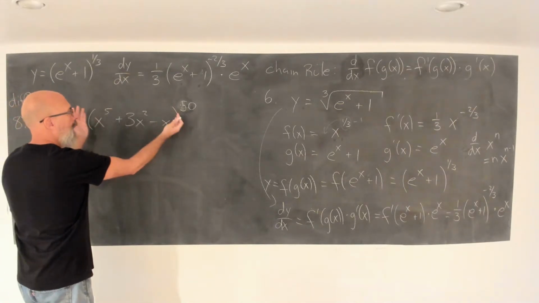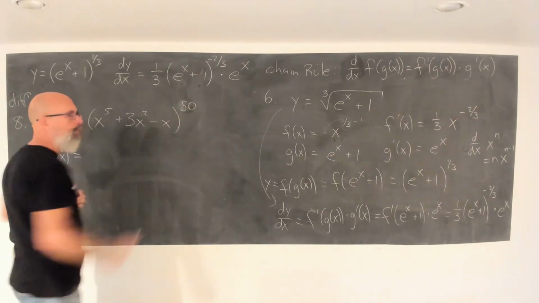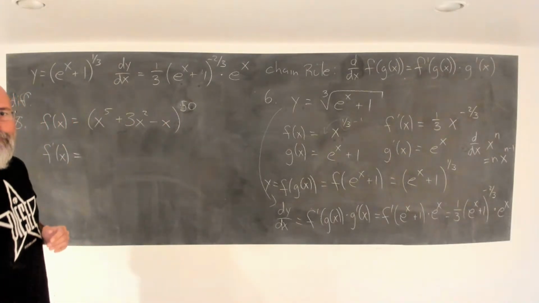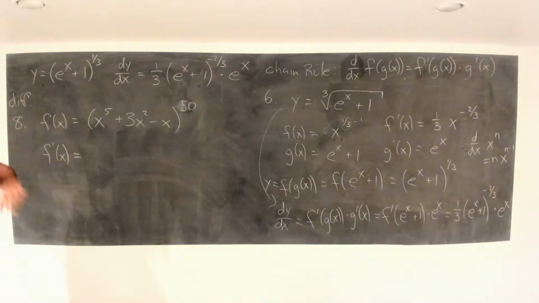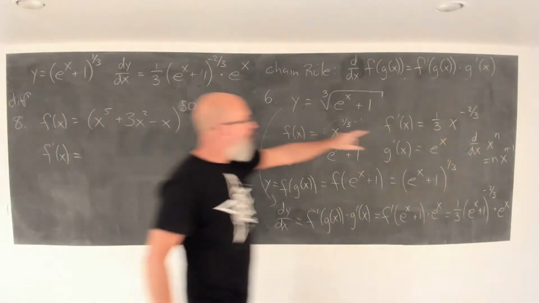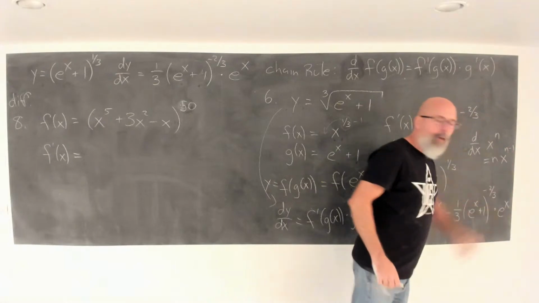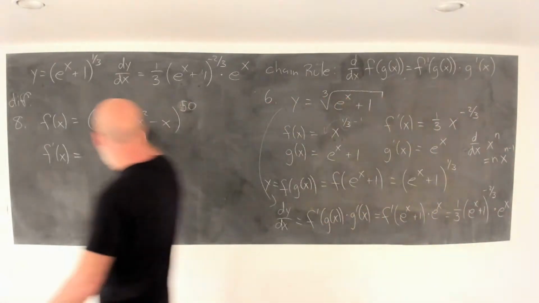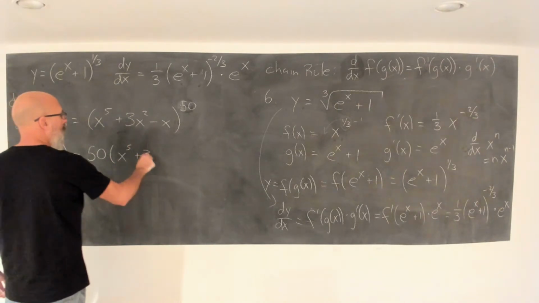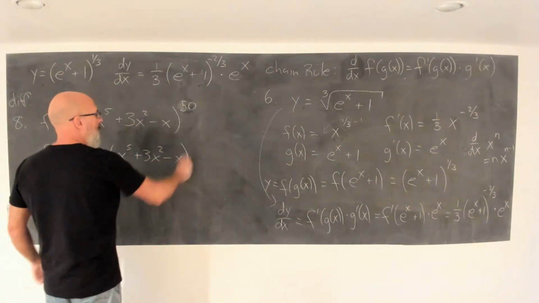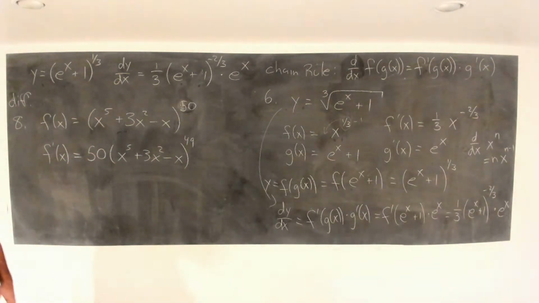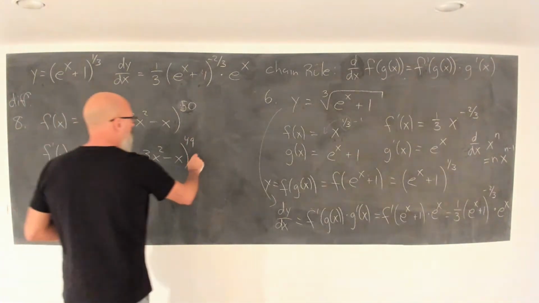You would describe this as a polynomial to the power 50. Something to the 50. So differentiate the something to the 50 using the power rule. The derivative is 50 blah blah blah to the 50 minus 1 times the derivative of the inside.